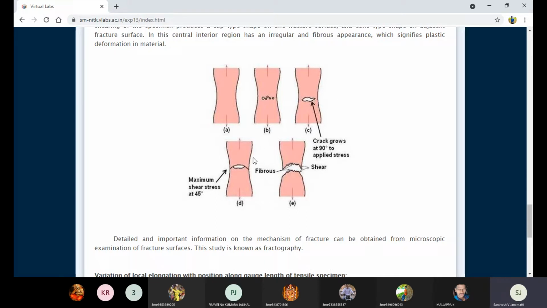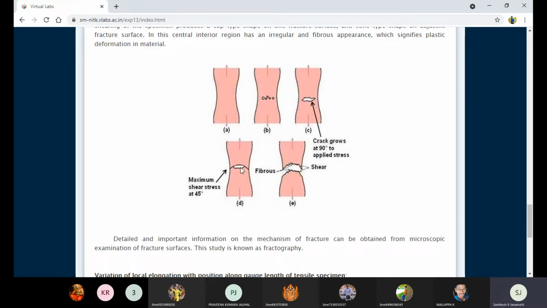Again, if you increase the tensile load, both ends keep on pulling. So these cracks grow, and this leads to fracture. The crack propagates until it reaches the end, one end or both ends.